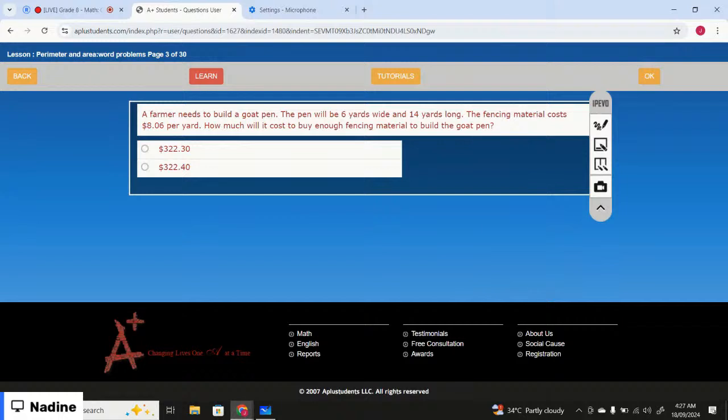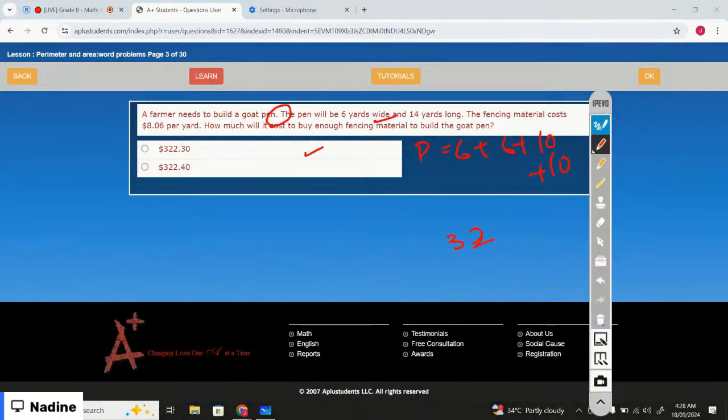You have to calculate the area first, right? 14 times 6, you have to do 14 times 6. 6 times 4 is 24. 84 it is.